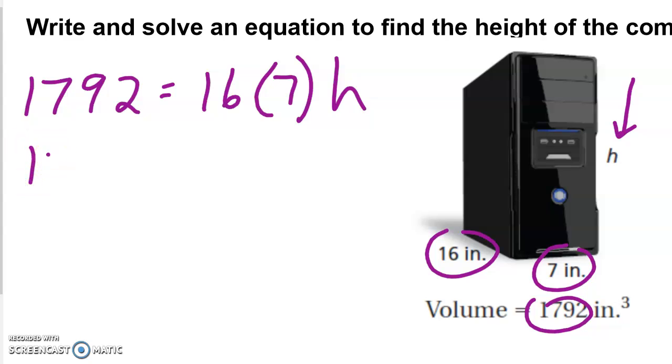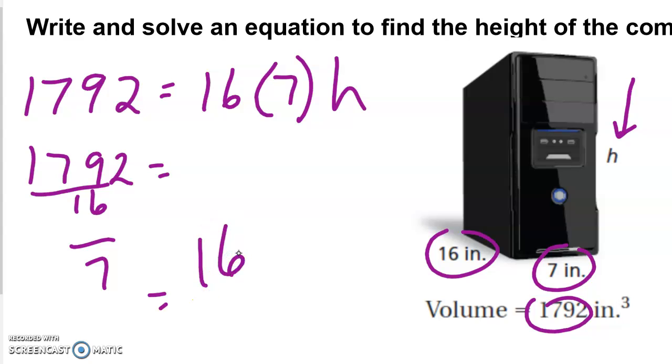So if I take 1,792 and divide it by 16, I get 112. And then I divide that by 7, I get 16. So 16 is my height. 16 inches to be exact.